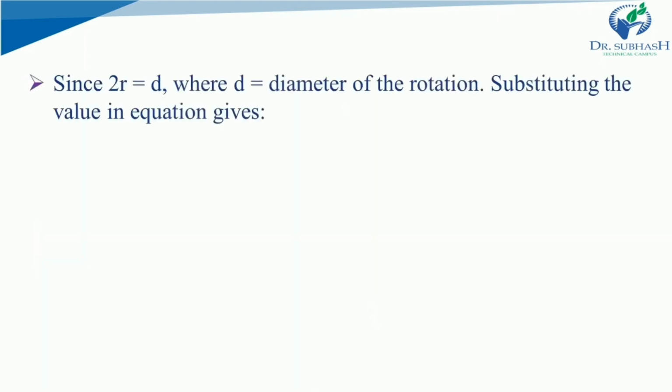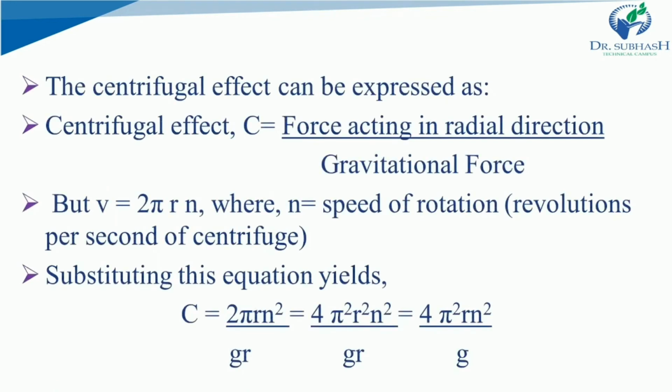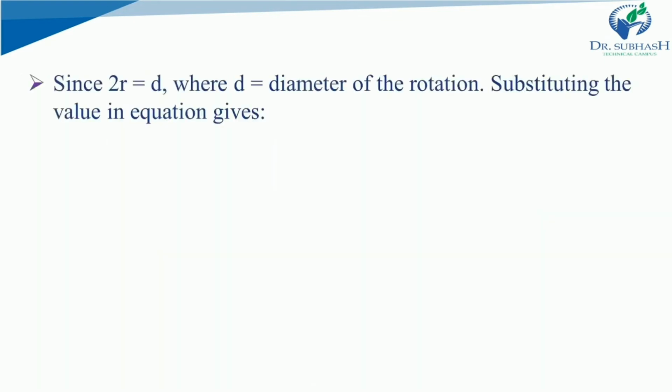Since 2r is equal to d, where d is the diameter of rotation, substituting this value in the equation, you will get C equal to 2 pi square d n square divided by g. If you see the past equation, you have just replaced 2r with d, right?